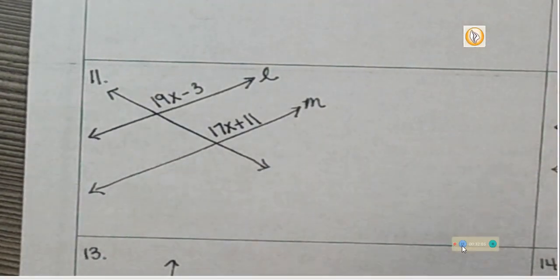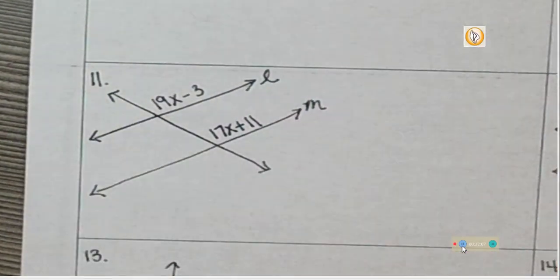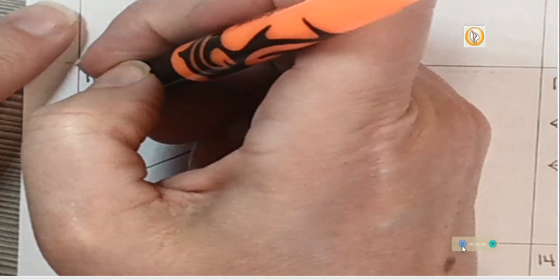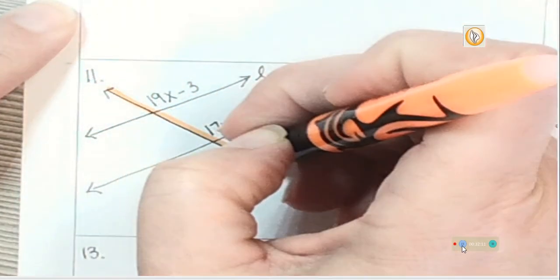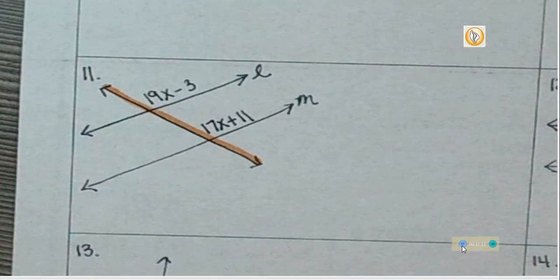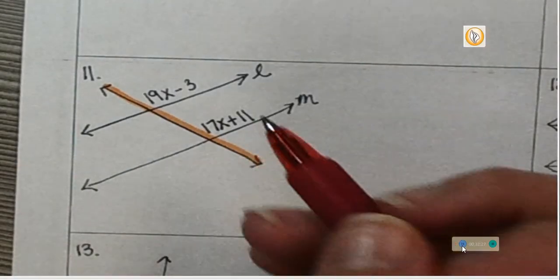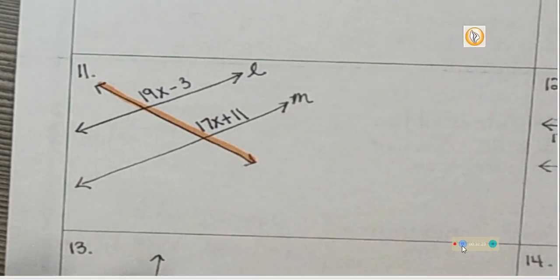All right, let's look at number 11. L and M are parallel. That makes this my transversal. If the two angles are on the same side, they are either corresponding, consecutive interior, consecutive exterior, or they are alternate sides. I'm going to start with one of my angles.